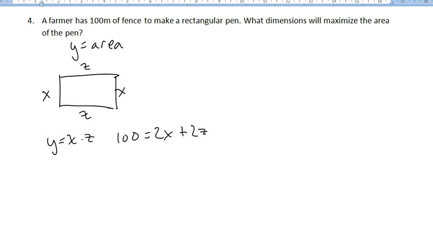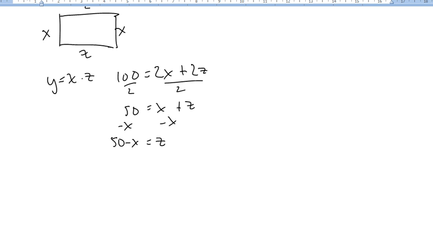All right, and again, let's use substitution. Divide both sides by 2 first, and then subtract x from both sides. Perfect. Now I'll just substitute that into my area equation.